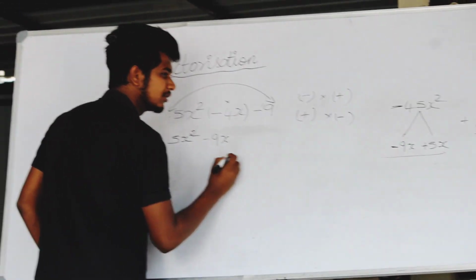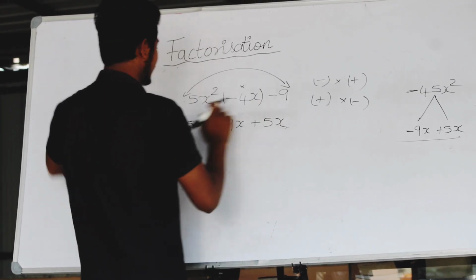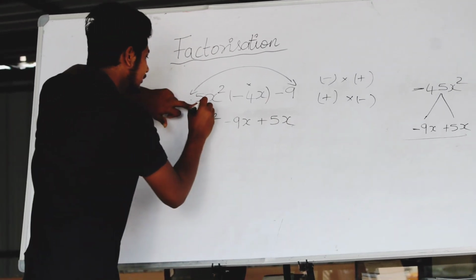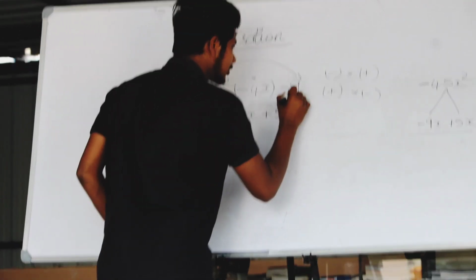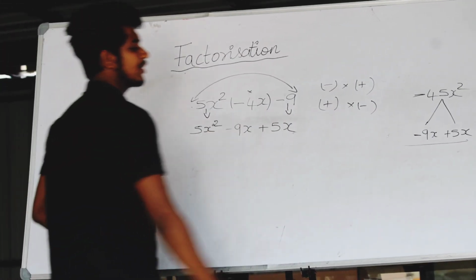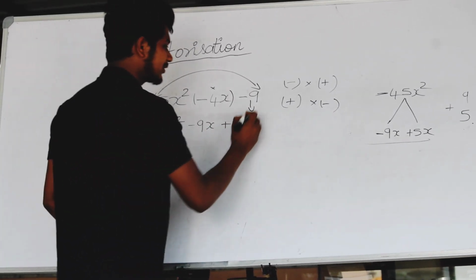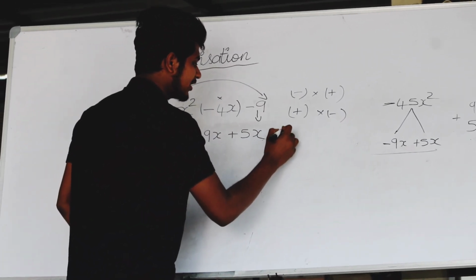What is that? Minus 9x plus 5x. The first number as it is you have to write, and the third number also should be written as it is. Only for the middle number, instead of the middle number, let us take these factors. Okay. So the minus 9x plus 5x and minus 9.